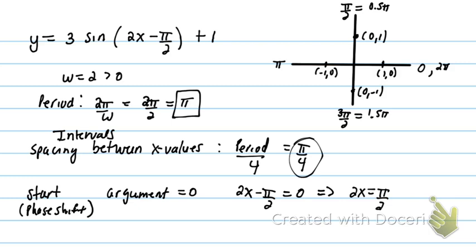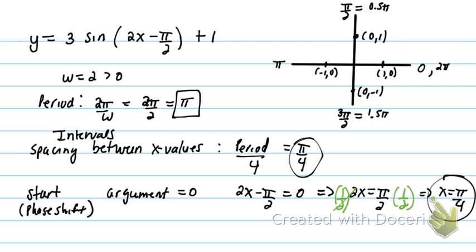Pi over 2. Does that make sense? And then I would multiply by 1/2 to get x isolated. Notice it'll cancel there. So again, you could use your arrow. You would say x would be what? Pi over 4. So you're going to start this thing at pi fourths. Make sense? Okay.